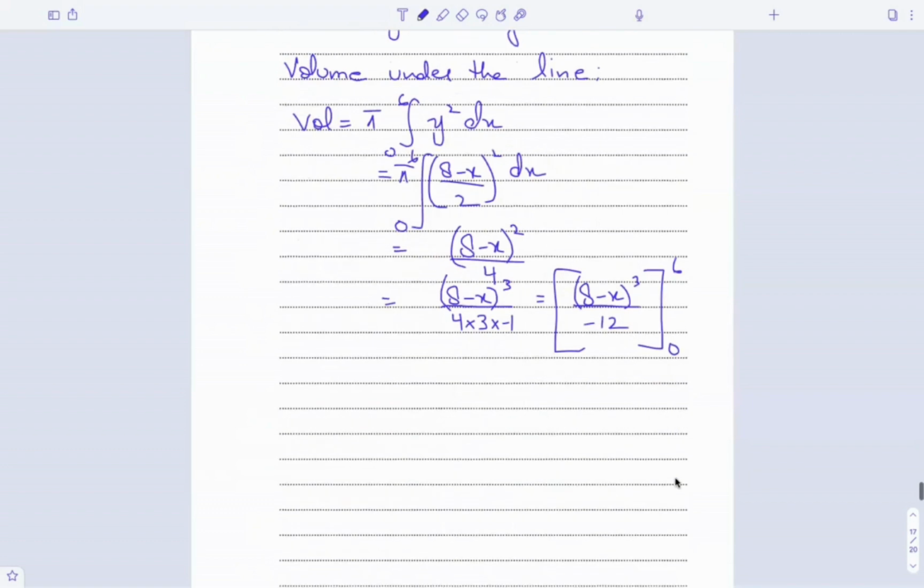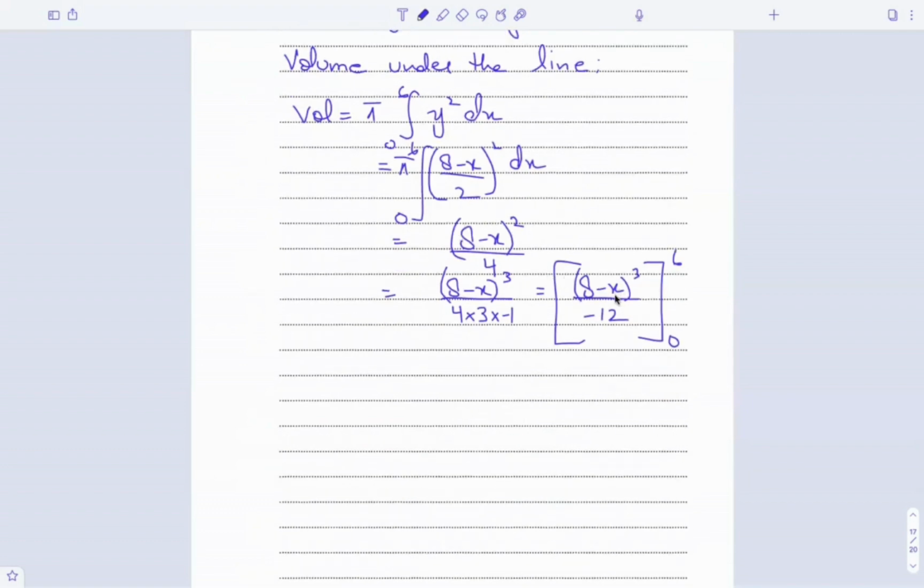Substituting 6, we have 8 minus 6, which is 2, whole cube 8, so we have minus 8 upon 12. Substituting 0, we have 8 cube, which is 512, upon minus 12, so minus 512 upon 12. So minus 8 plus 512 is 504 divided by 12. We have 42 pi, which is the volume under the line.